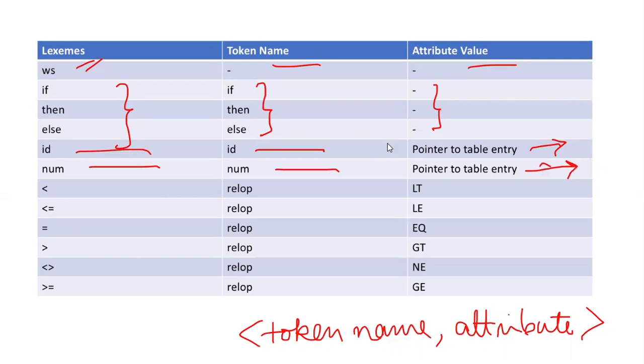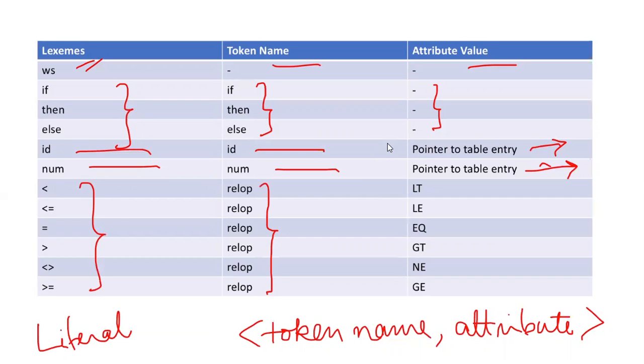Now it may not go to the symbol table; it may go to the literal table. In the same way, if we have defined string constants, then that string constant will also point to an entry in the literal table. Then if you look at the remaining ones here, these are all relational operators. So they fall under the class of tokens called rel-o.